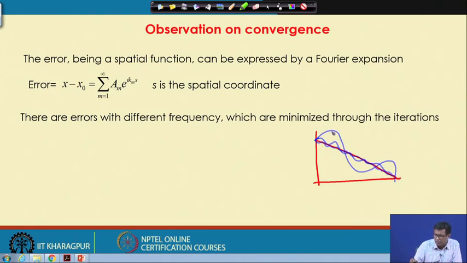So, there are solutions with different frequencies. There are some high frequency solutions, there are some low frequency solutions, which are getting minimized through these iterations. So, this k is for different wavelength or frequency, which is getting minimized through the iterations.